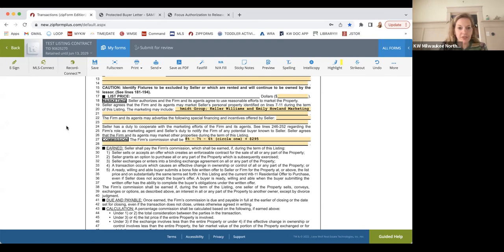So moving on, line 22, the firm and its agents may advertise the following special financing and incentives offered by the seller. We haven't seen this so much in this market. We haven't needed to, but definitely 12, 14 years ago when it was a buyer's market, we were seeing this a lot where a seller would offer certain incentives to a buyer to help prompt them to write an offer.